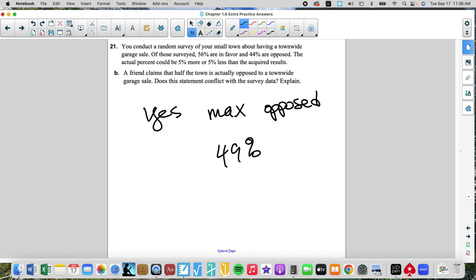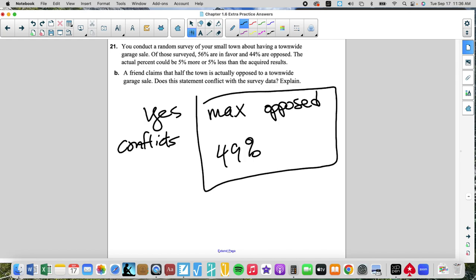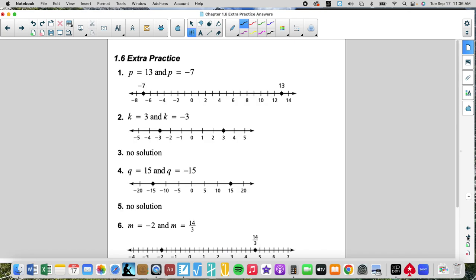The least opposed would be 39%. So yes, it conflicts, because the max opposed is going to be 49%, not 50%.